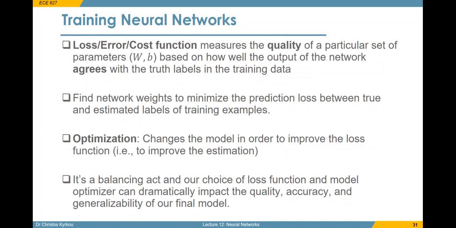So we want to find the weights based on the feedback we get from the loss function. And this process is basically called the network optimization phase. And the choice of the loss function and the optimizer can play a critical role in how our network learns and how well it learns.